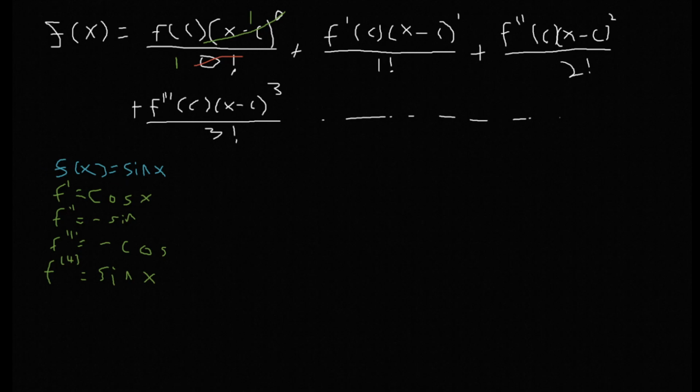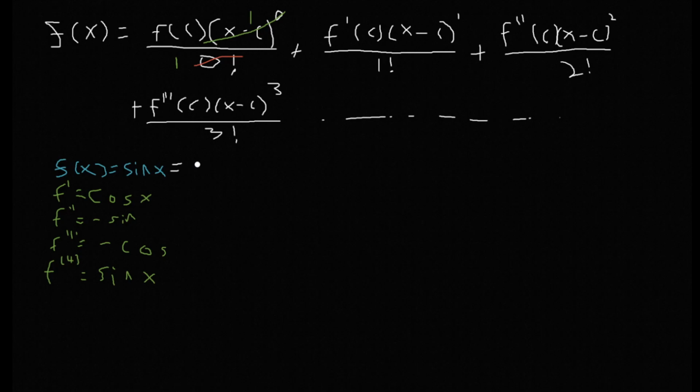So if we wanted to start expressing this like we did before, let's say we wanted to have it centered at x is equal to 2. X is equal to 2, we can do that.